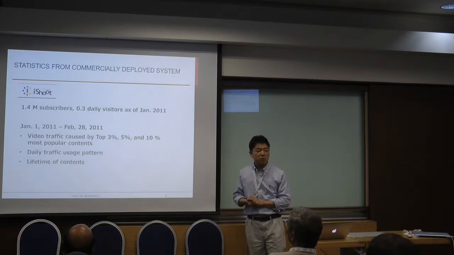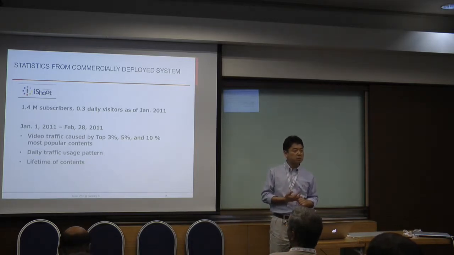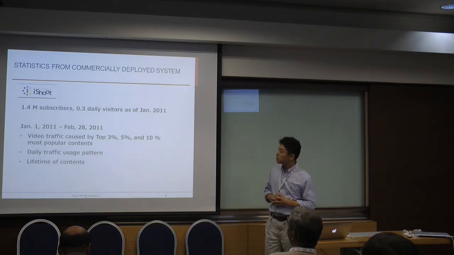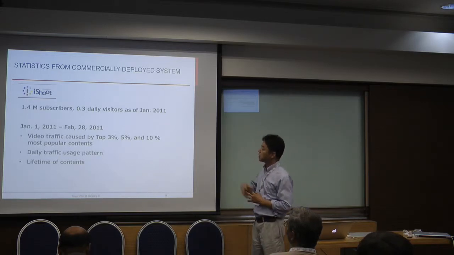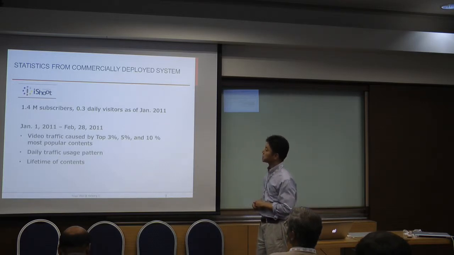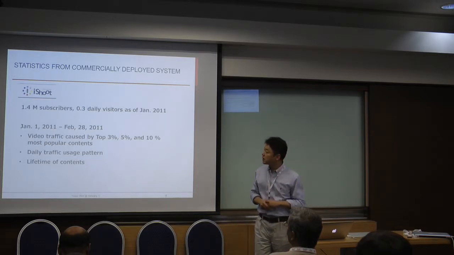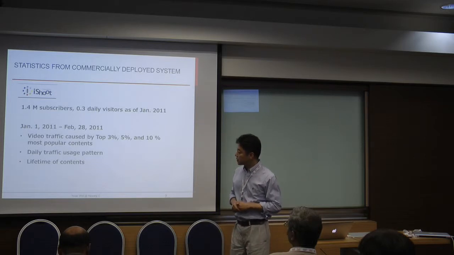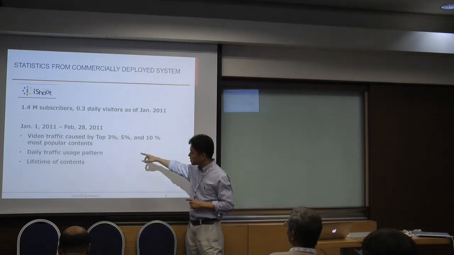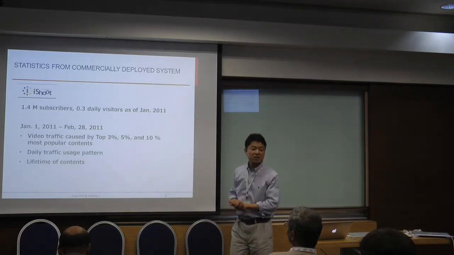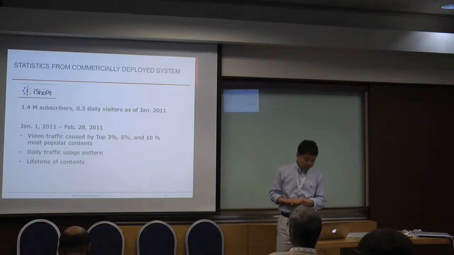As I mentioned just before, we have like 1.4 million subscribers with 300,000 daily visitors, and the data is from January 2011. And we're going to look at three very interesting issues which have not been published before.